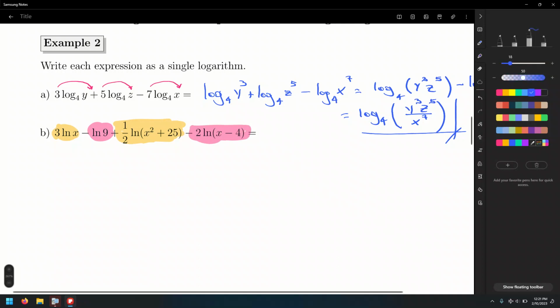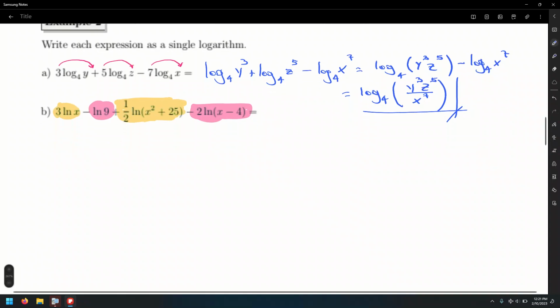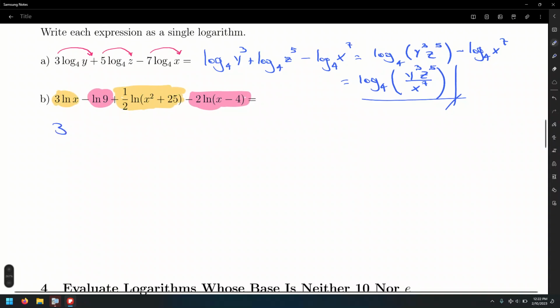I'm going to write the positives first. So that is 3 ln of x plus 1/2 ln of x squared plus 25. And then let's start now writing the negatives. Minus ln of 9. And minus 2 ln of x minus 4.